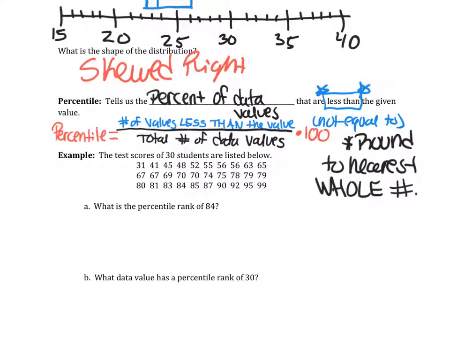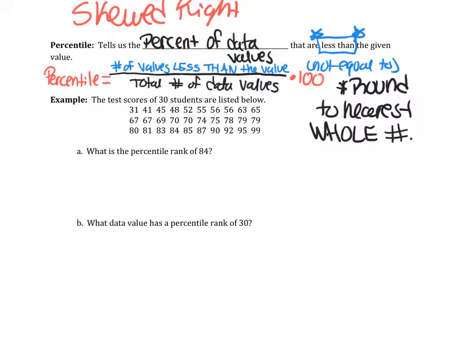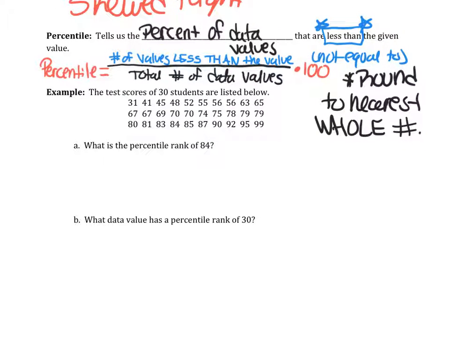Okay, so example, we have test scores of 30 students listed below. We want to find the percentile rank of 84. So to find this percentile rank, we first need to find the number of values that are less than 84. And strictly less than, if it equals 84, it doesn't count.